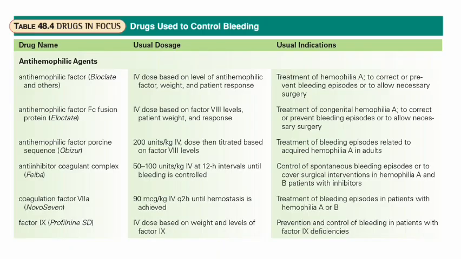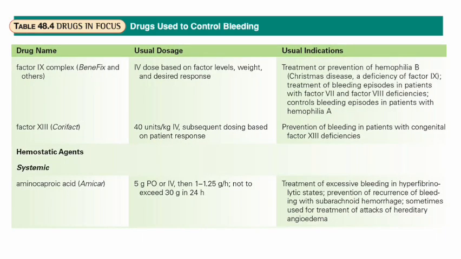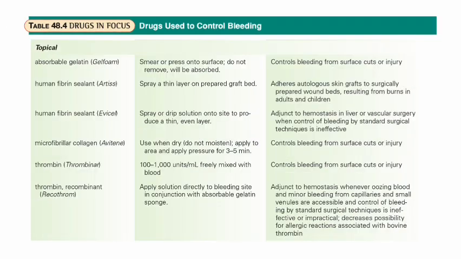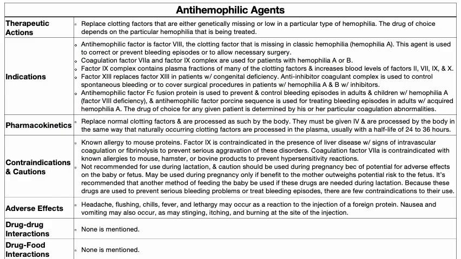So we have there the drugs used to control bleeding. I will leave it up to you to look closer. Then furthermore, we have the anti-hemophilic agents. These are drugs used to treat hemophilia, and they are replacement factors for specific clotting factors that are genetically missing in that particular type of hemophilia.